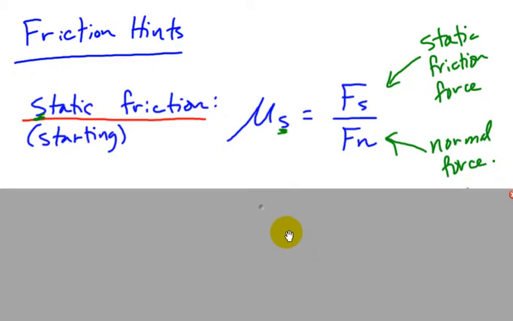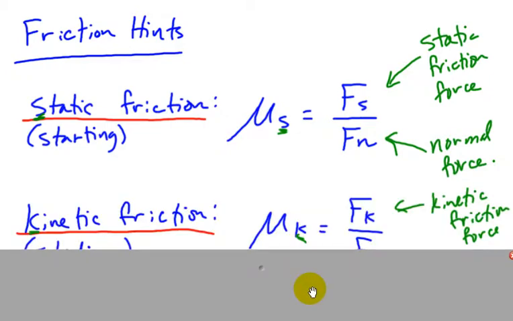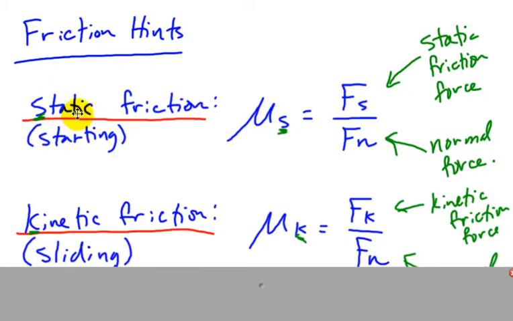So in general, first of all, static friction versus kinetic friction. Static is another word for starting, so the object isn't moving, we're pushing it to get it to move, we have to overcome static friction. Once an object is already moving, it's already sliding, so it is kinetic, so we use a little FK to describe that.